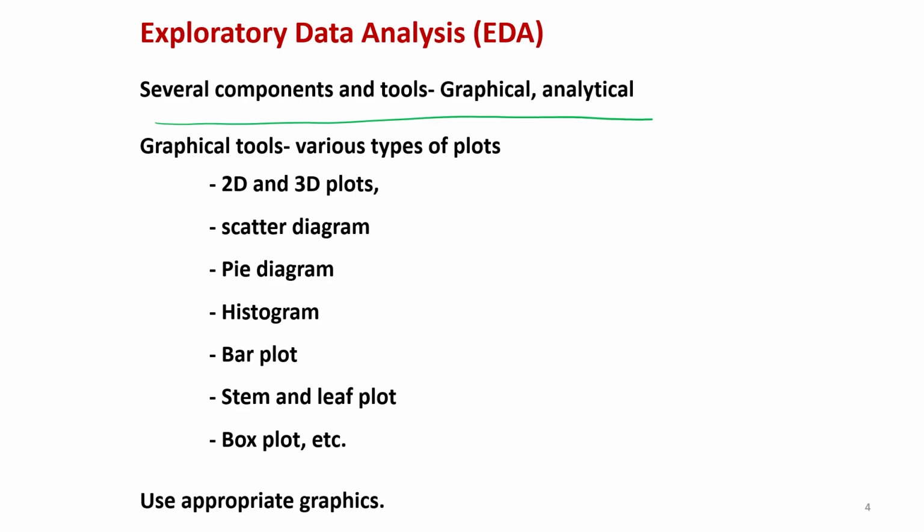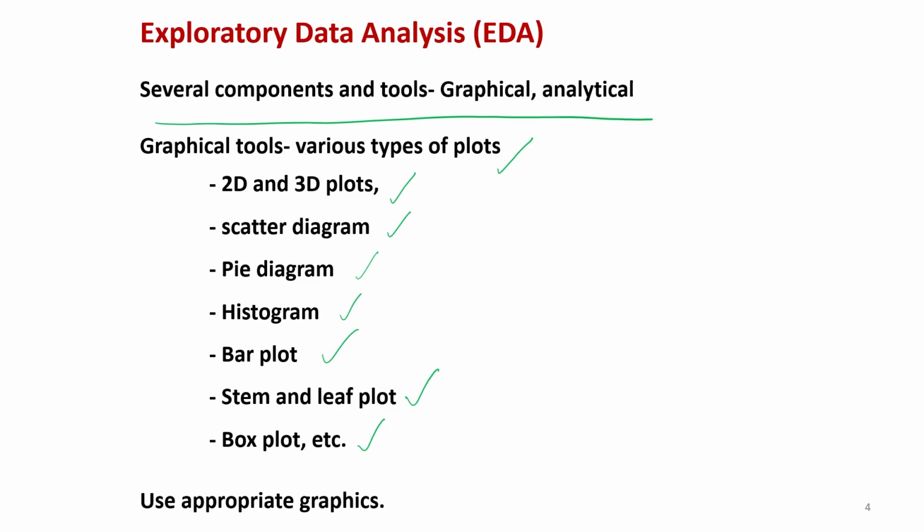For example, if I discuss the graphical tools, there are various types of plots and graphics available, such as two-dimensional and three-dimensional plots, scatter diagram, pie diagram, histogram, bar plot, stem and leaf plot, box plot, violin plot, heat map, tree map, etc. Depending on the requirement and the objective, we have to decide which graph is appropriate for us. Each of these graphs has a particular philosophy about what type of information it will give us.